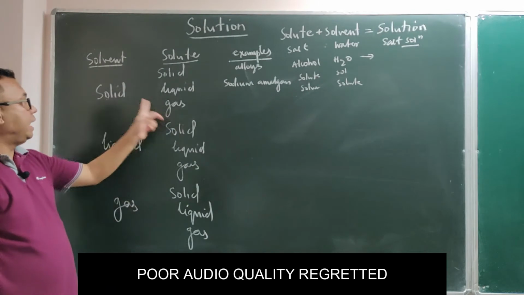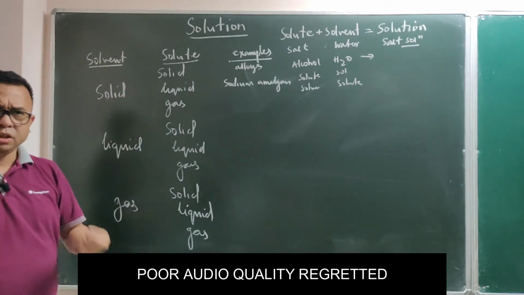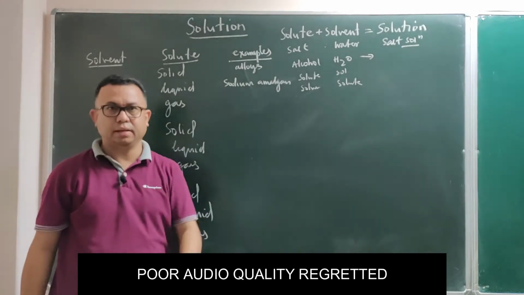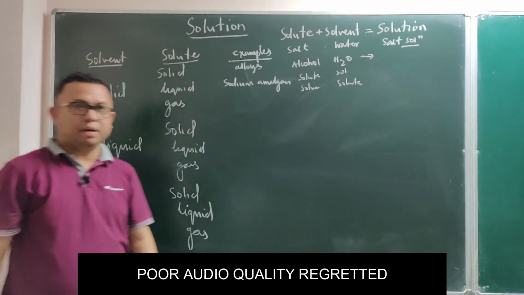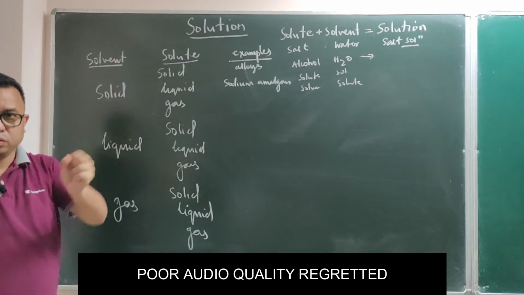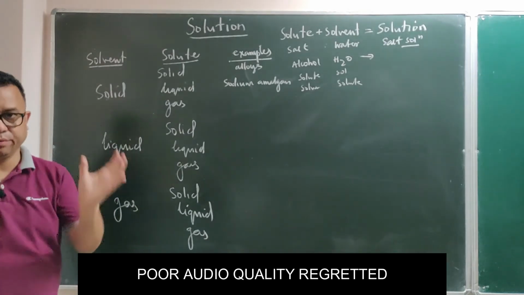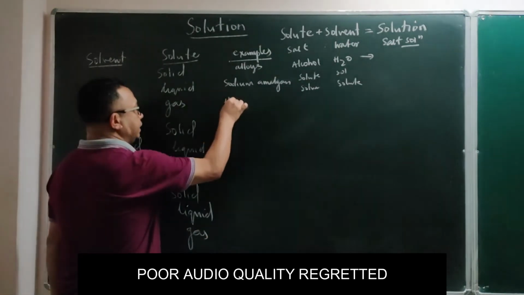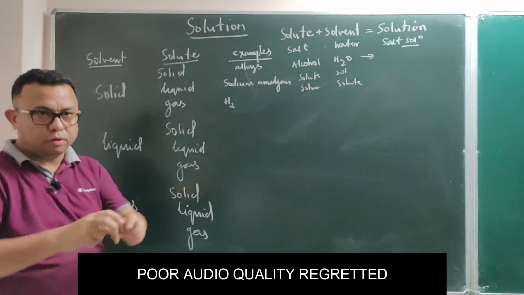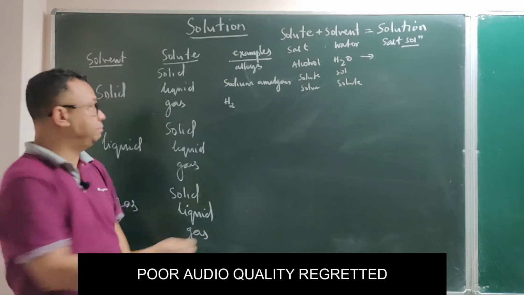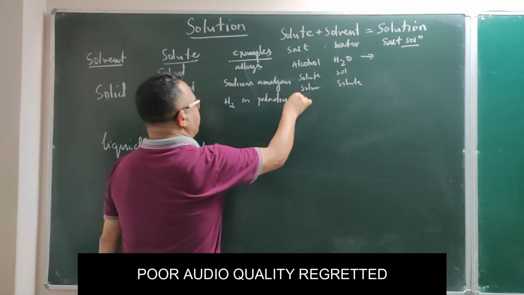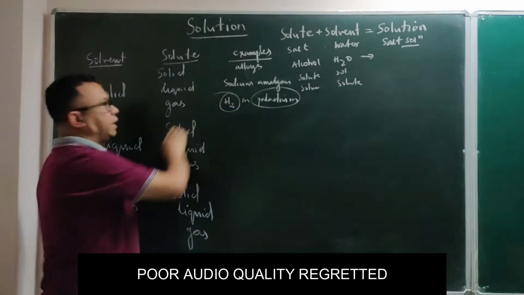Now similarly, a gas in a solid. You have heard about the characteristic of palladium last night, hydrogen chapter. Palladium has that tendency to absorb a lot of gases in its surface, especially hydrogen. So when hydrogen gas is absorbed on the surface of palladium, palladium is a solid, hydrogen is a gas.